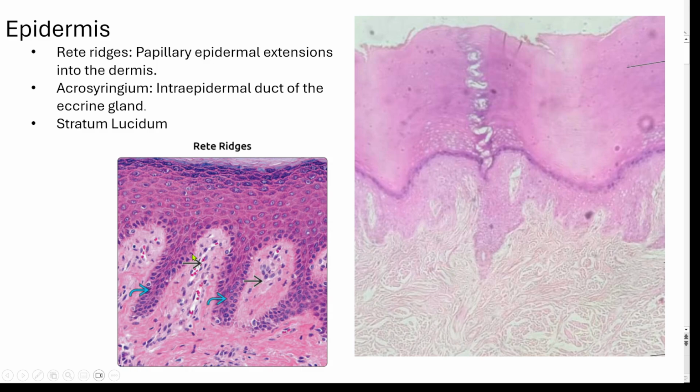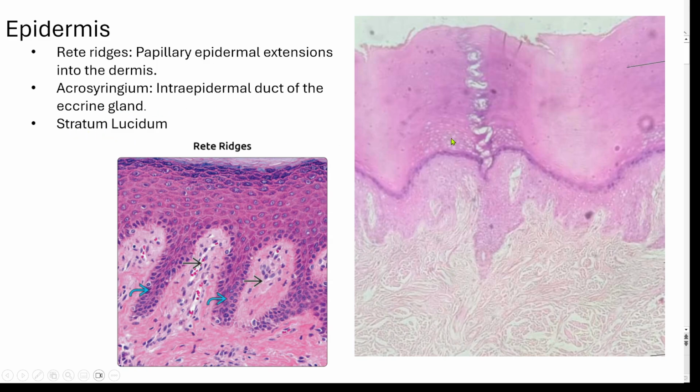And then we have the dermal papillae. So epidermal papillae and dermal papillae, whatever you want to call them. Then we have the acrosyringium. This is a special structure, and this is basically the eccrine or apocrine duct coming out into the intraepidermal area, an eccrine gland in this case.